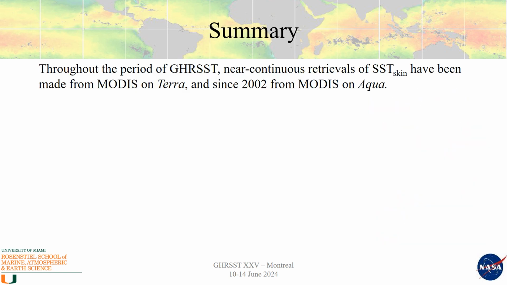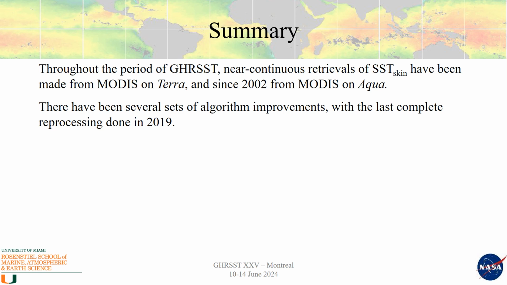So to summarize, throughout the period of GRIST, near continuous retrievals of SSTskin have been made from MODIS on Terra, and since 2002, MODIS on Aqua. There have been several sets of algorithm improvements, with the last complete reprocessing in 2019.